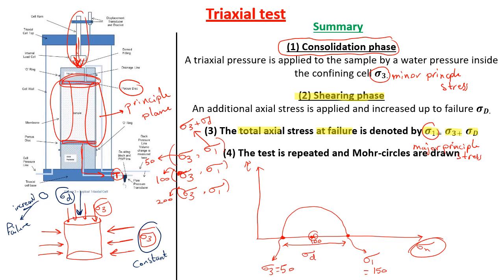Then you can draw your circle by knowing that the radius is equal to sigma d over 2, which is 50 kilopascal. So once you know the value of sigma 3 and sigma 1, you can find the average of these two values and you can draw your Mohr circle.